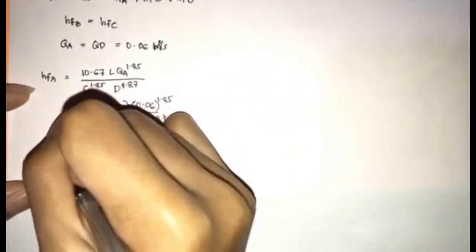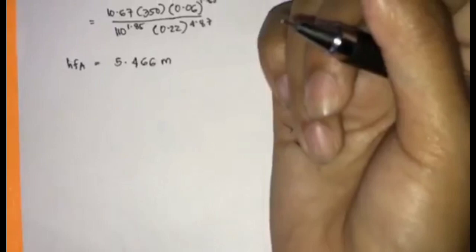So plug in the value of line A, we have 10.67, the length of 350 times the QA, which is 0.06 raised to 1.85 over 110 raised to 1.85, the diameter, which is 0.22 raised to 4.87. So plug in the value in the calculator. We get HFA is equal to 5.466 meters.